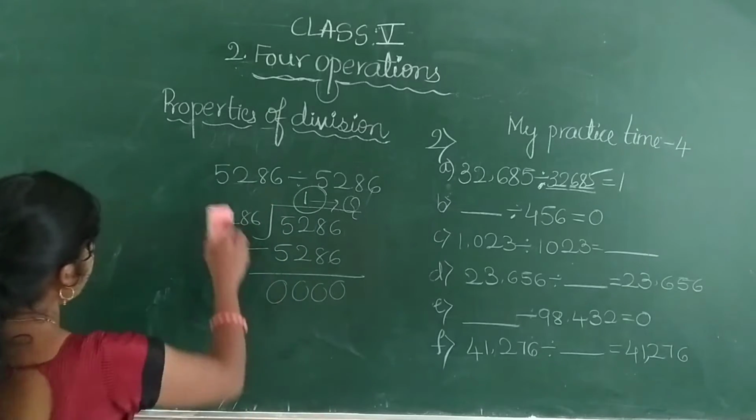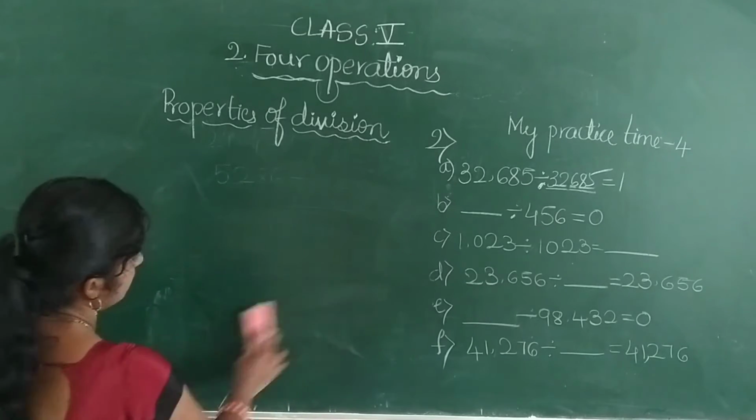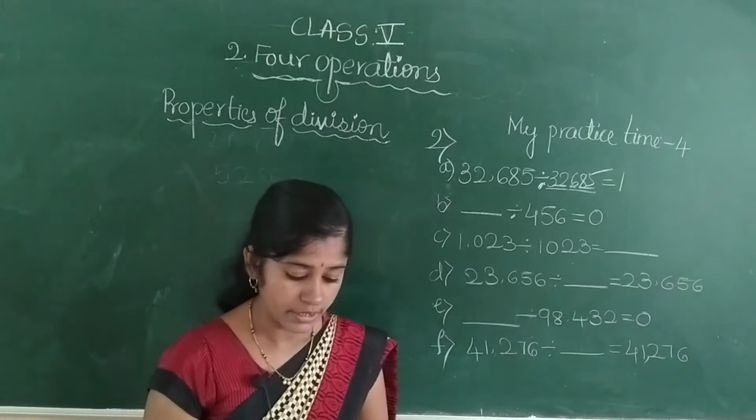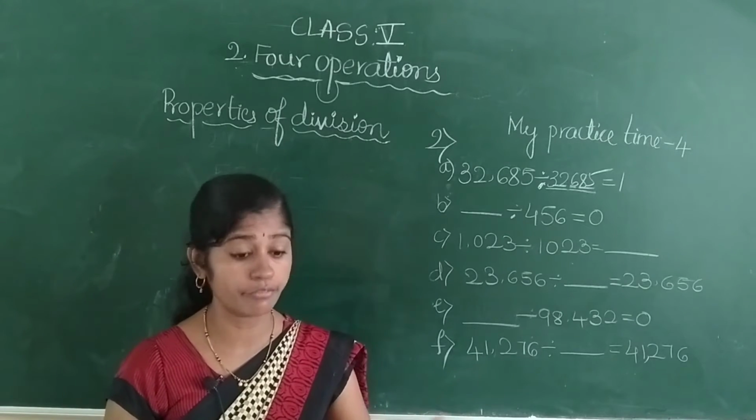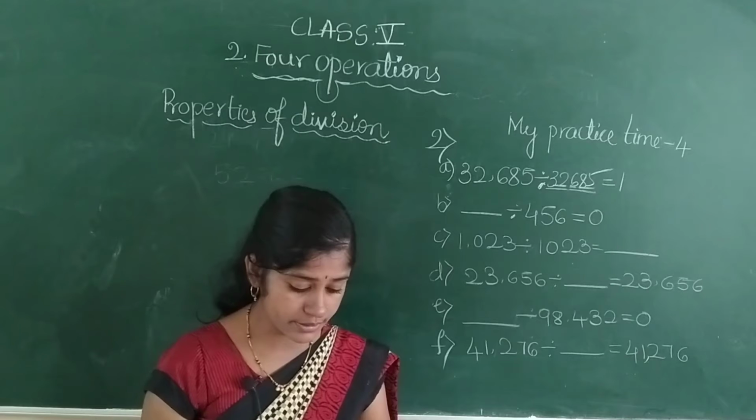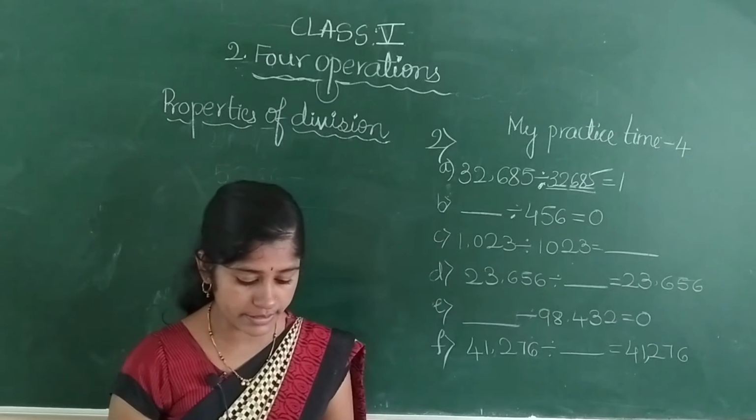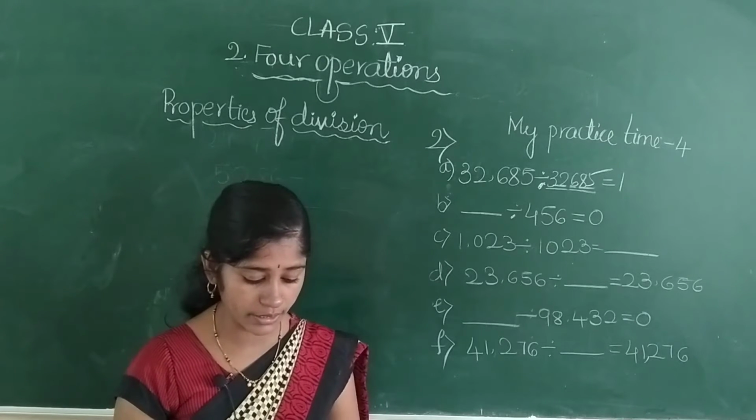Next, one more property is there. If a number is divided by 1, then the result is always the number itself.